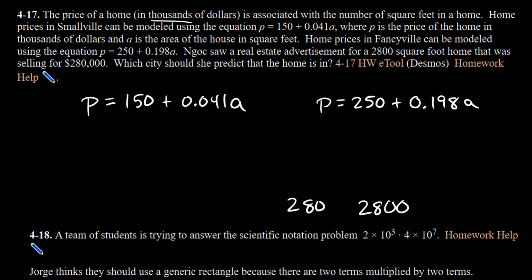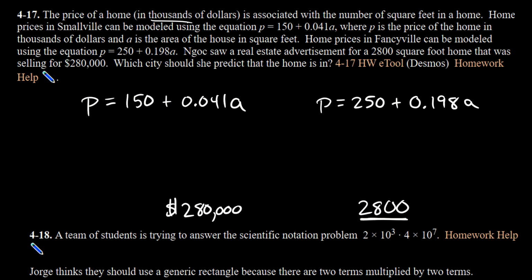Okay. So my take on this is, which one of these models, so this is what I'm plugging in, which one of these has, I guess, the smaller residual, right? So apparently the actual price, and I'll write this down in thousands of dollars, is $280,000 for 2,800 square feet.